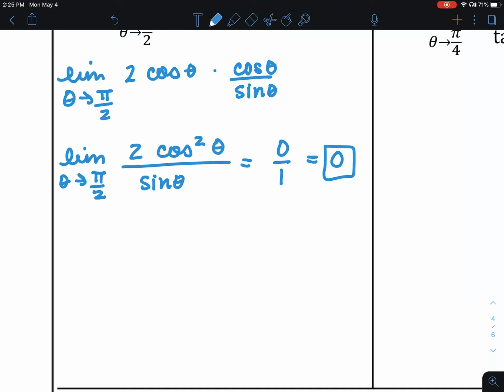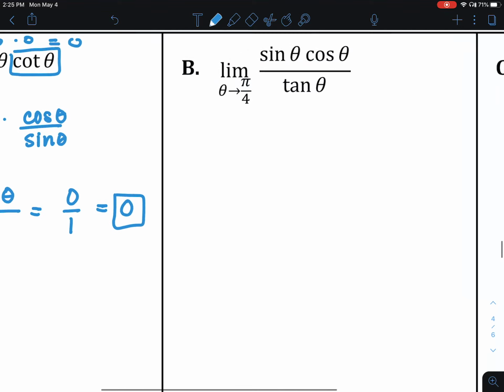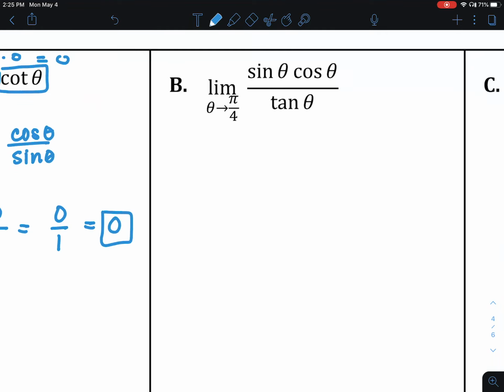All right, the next problem we're going to look at is sine times cosine over tangent. So sine of pi over 4 is going to be root 2 over 2. Same thing for cosine. Tangent of pi over 4 is 1. So I believe that what happens here is we still get a rational answer, so we're going to just directly substitute here as well.